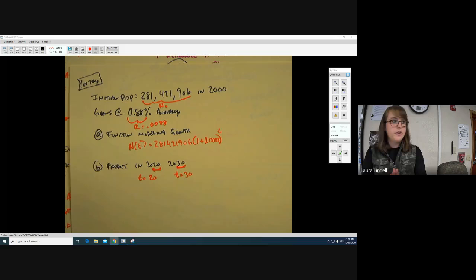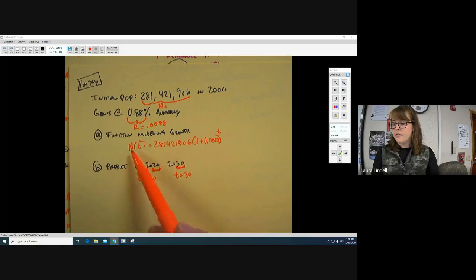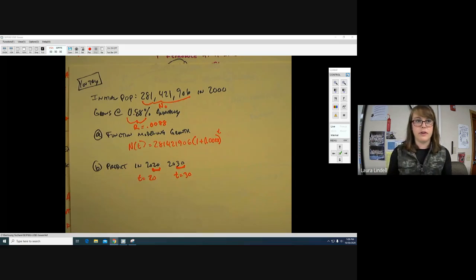So go ahead and do that for time. Plug in 20 and plug in 30. If you want to type this into Desmos with the N of t thing so that you can type N of 20 and N of 30, feel free to do that.